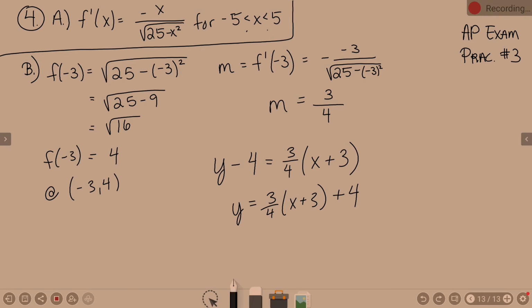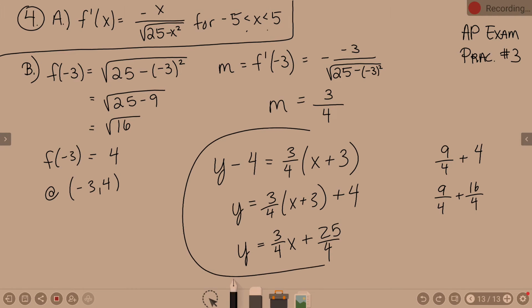The other thing would be to take it over to slope-intercept form, which at that point, what? 3/4 x plus, what would you be doing? 9/4 plus 4. So 9/4 plus 16/4, so 25/4. Any of those work. You don't have to have all of them. Any of them work.